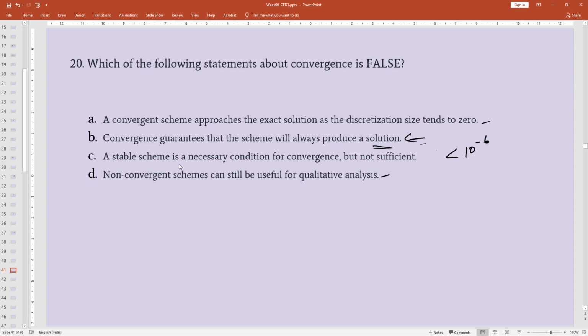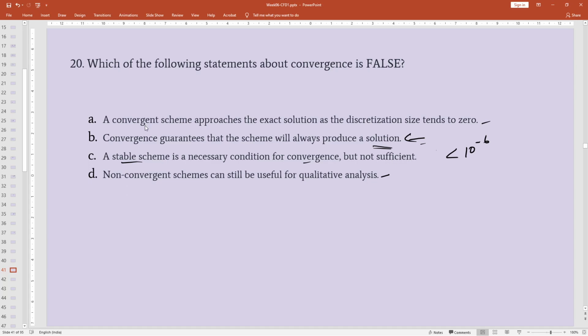And for the stable scheme, we have already discussed that from the Lax theorem, consistency and stability, when combined, can give convergence. So the third option also becomes correct.